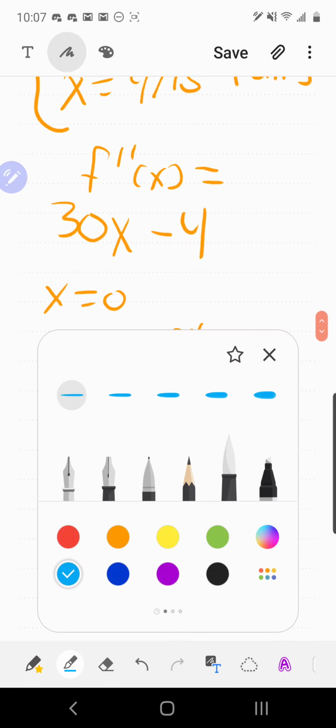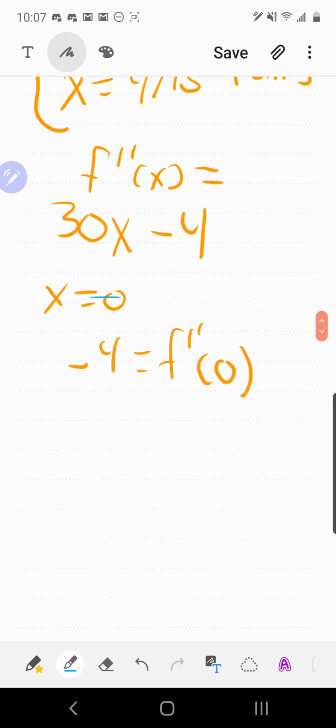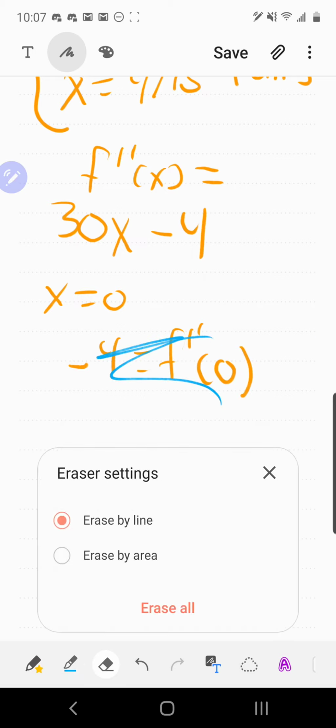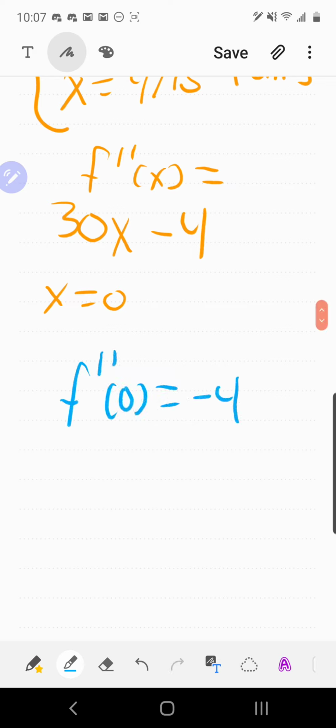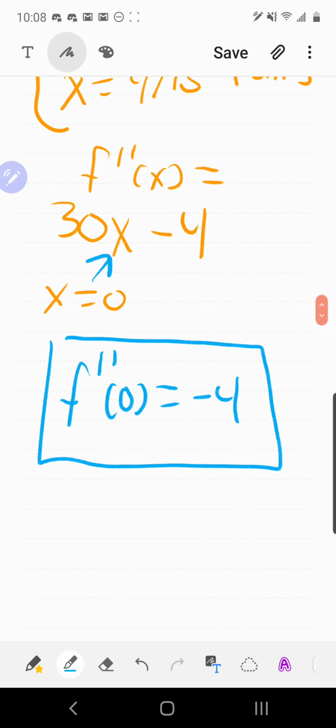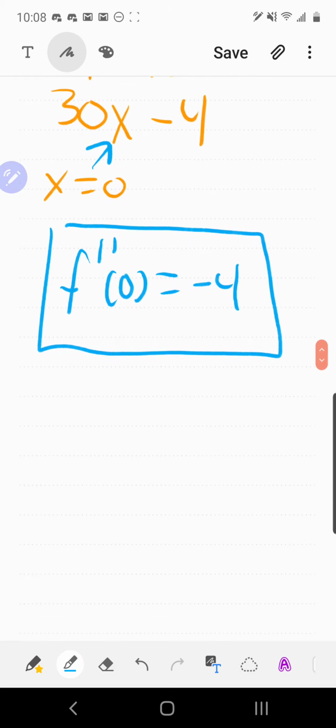So f double prime of 0 equals -4. Okay, there's 1.